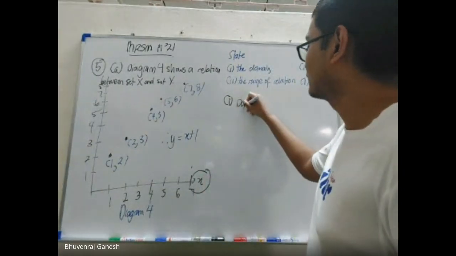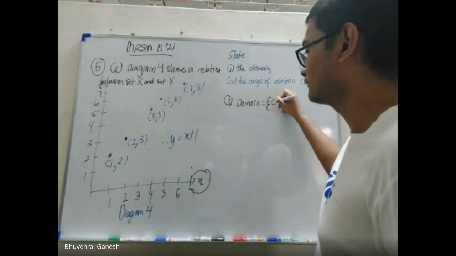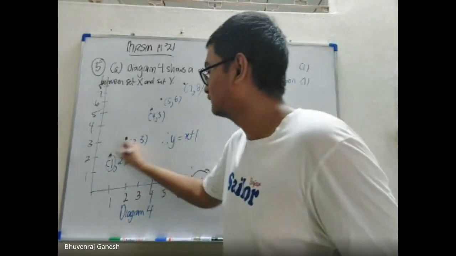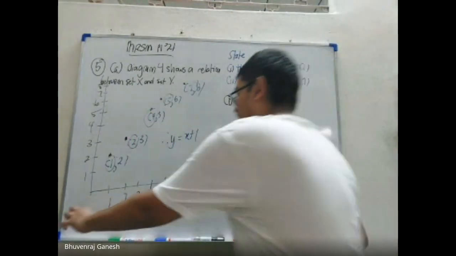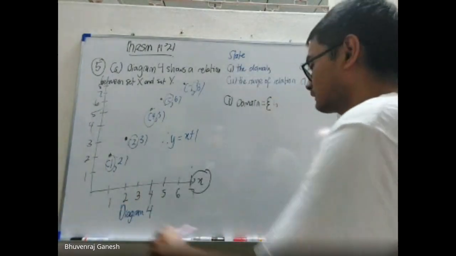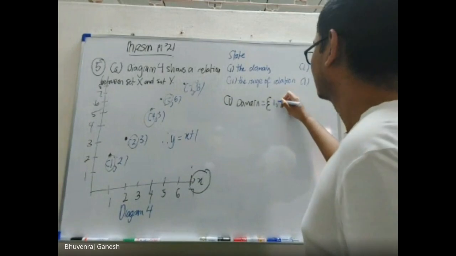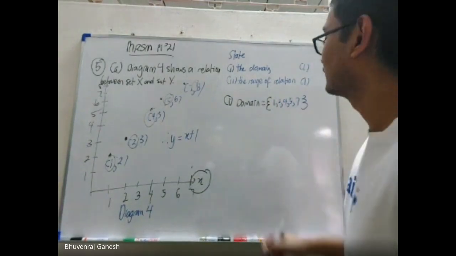To answer the question, you have to write all these x coordinates in curly bracket form: 1, 2, 4, 5, 7. So that's your answer for number 1.